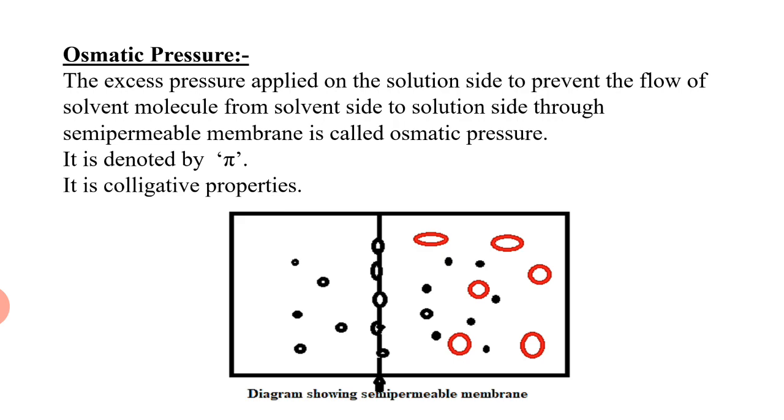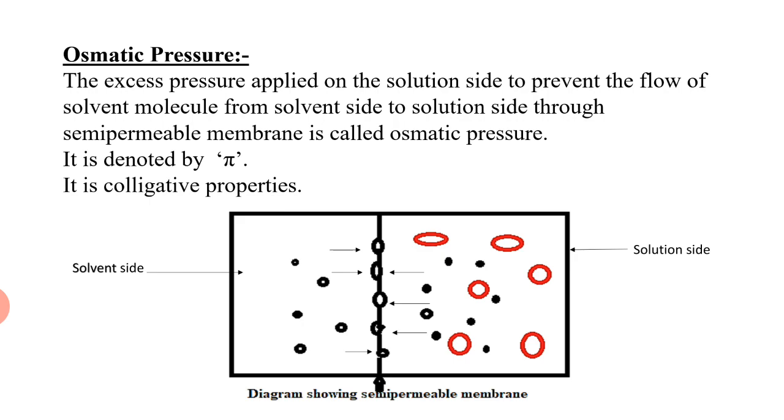See the diagram again. In the diagram as shown, the left-hand side contains the pure solvent, and the right-hand side shows the solution, that is solute and solvent molecules. As shown in the diagram, we can see the arrows moving from the left-hand side, that is, solvent molecules move continuously from left to right.